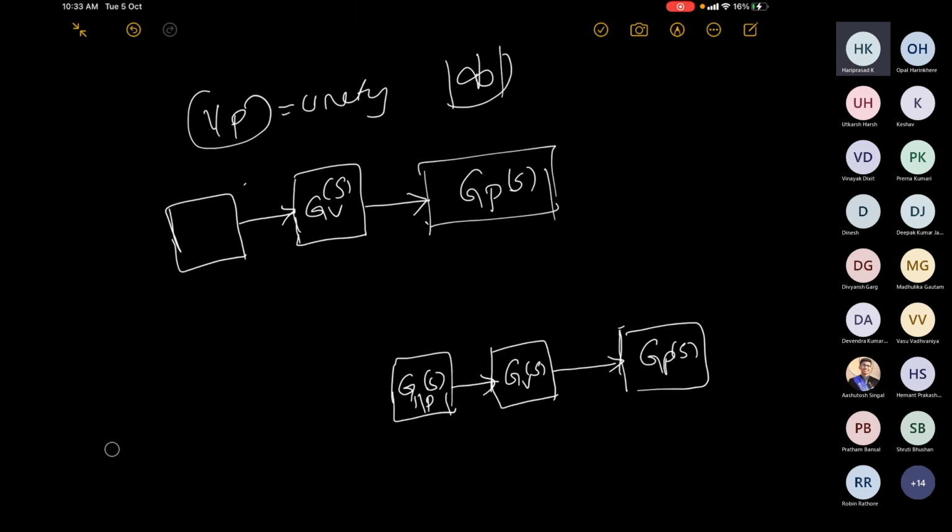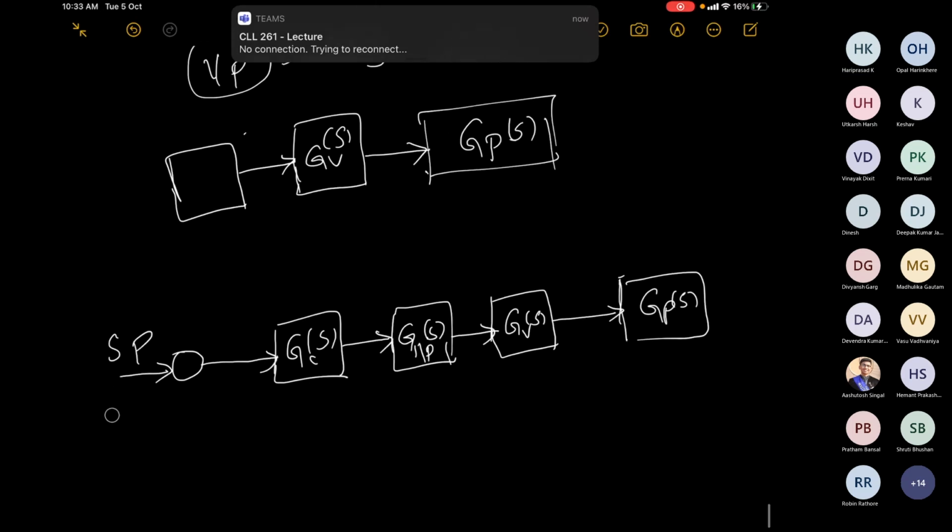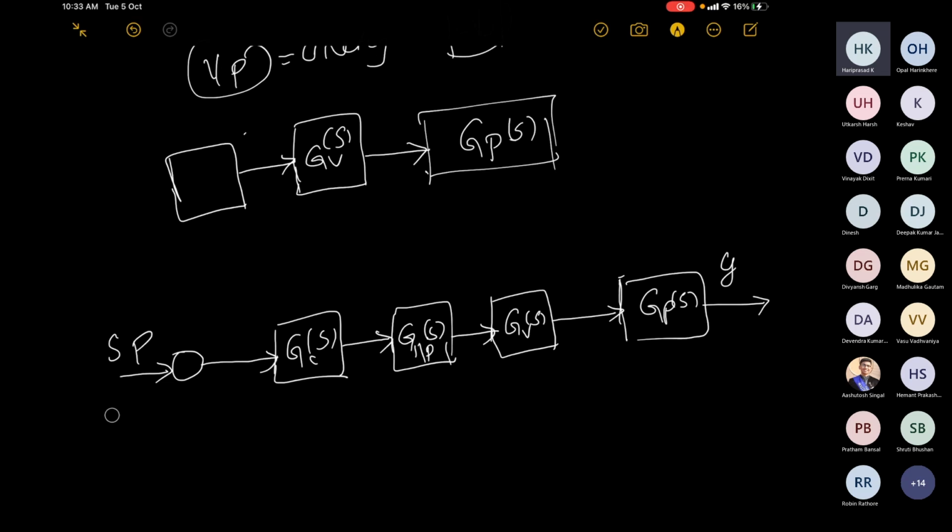You would have a transfer function corresponding to that also. Then you would have the controller, GC of s. The input to the controller is the error, so you would supply the set point here. And this is your output. The final process output I will call Ym.